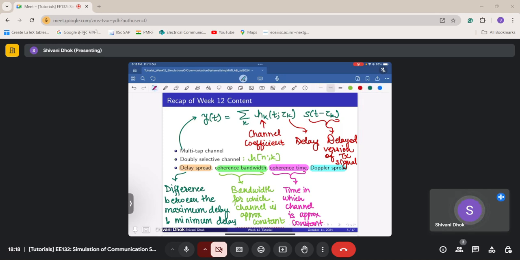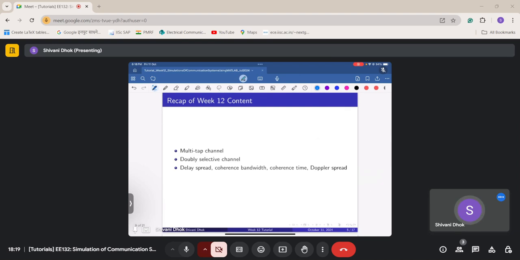And then we have what is known as Doppler spread. So this is the difference between minimum and maximum Doppler frequency. And from where does this Doppler frequency occur?